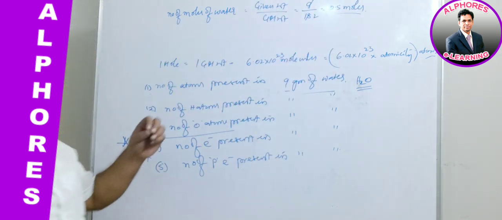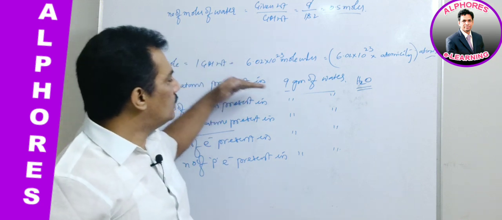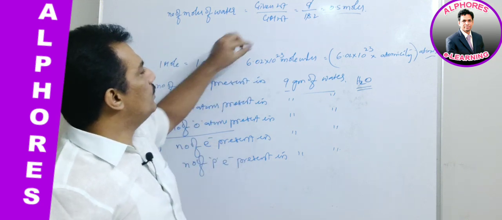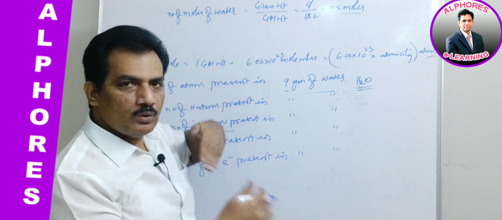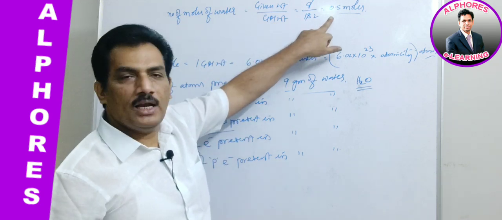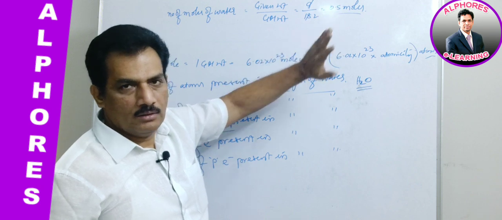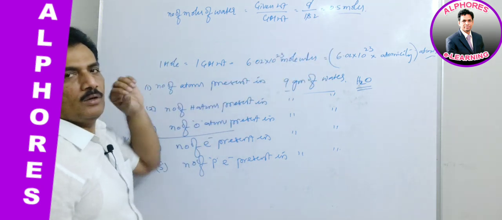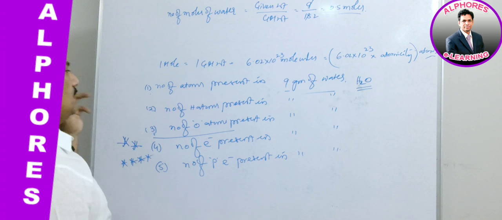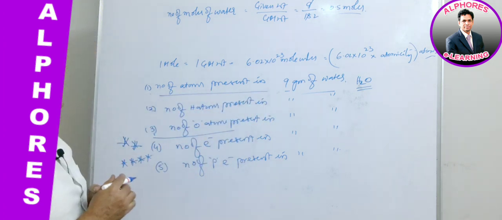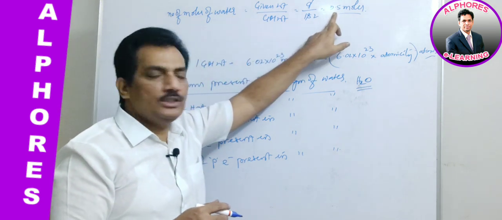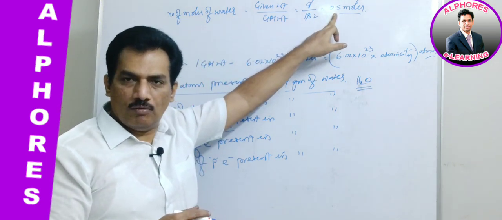Clear? So to solve these questions, we have to convert the data, compute the data, and convert that into our required condition. Now we have 0.5 moles of water. Now let us calculate the number of atoms present in 9 grams of water, that is, the number of atoms present in 0.5 moles of water.